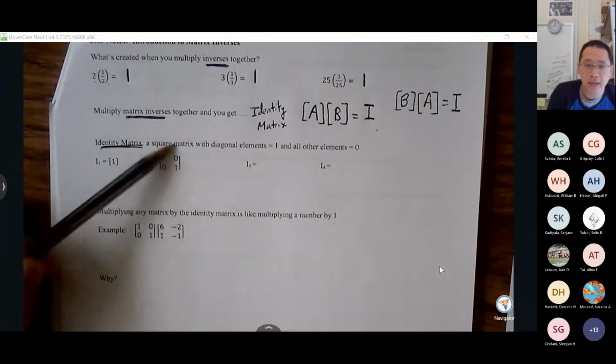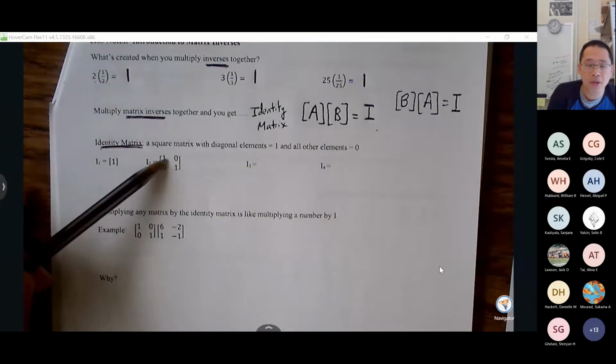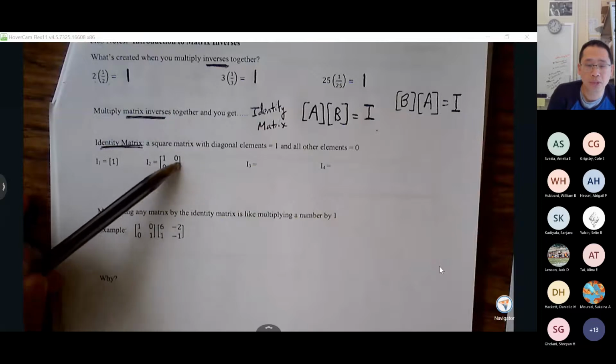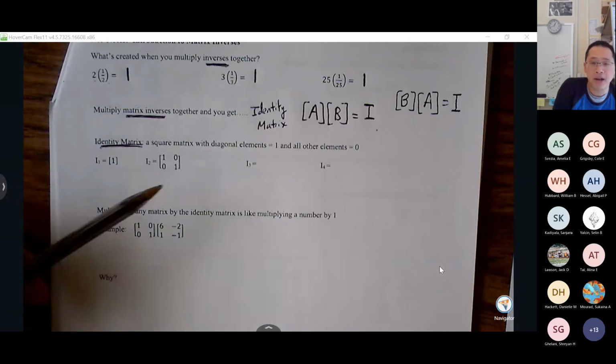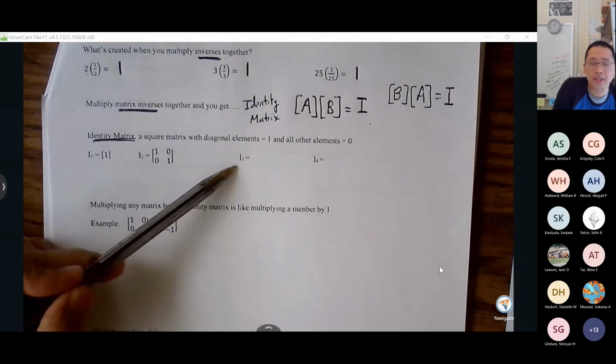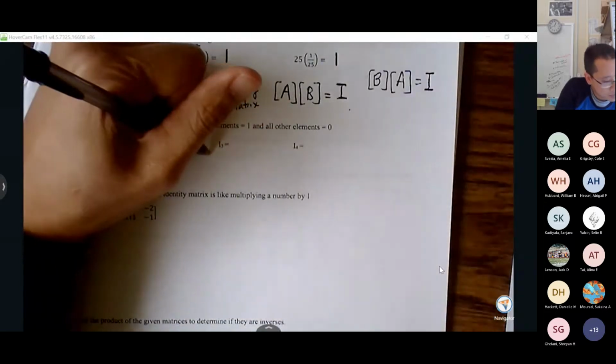This is basically the matrix version of 1. Okay, your diagonals will be 1, but everything else will be 0. If I have a 3-by-3 matrix, then an identity matrix would be very similar.